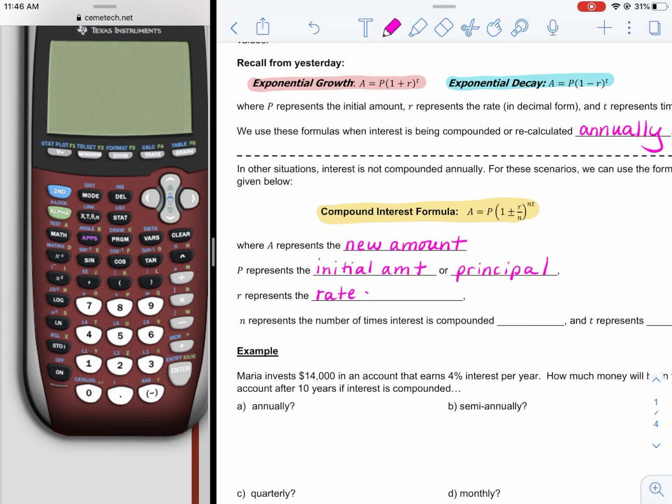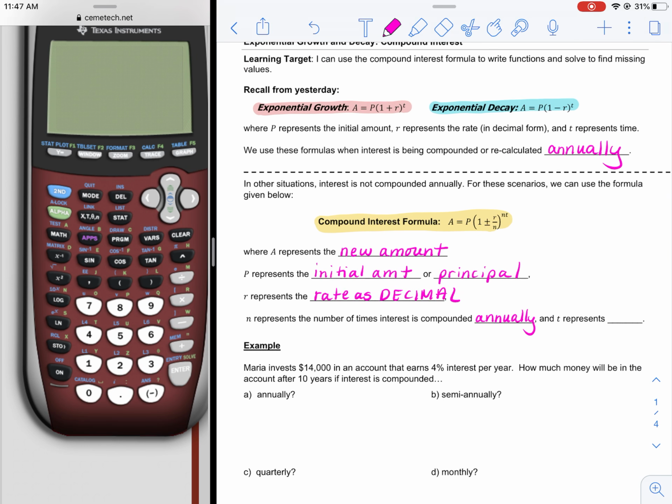R represents the rate. Again, it's really important that we write that as a decimal, so you have to divide it by 100. And n is our new variable, and n represents the number of times interest is compounded annually. And t still represents the time.